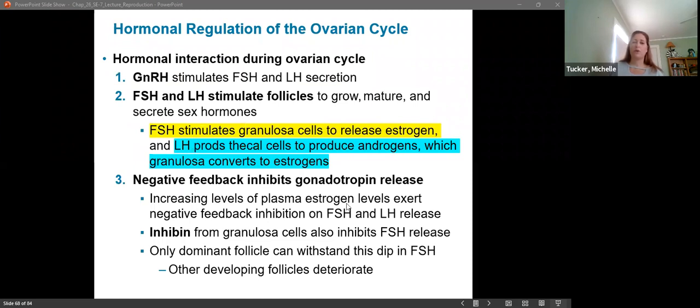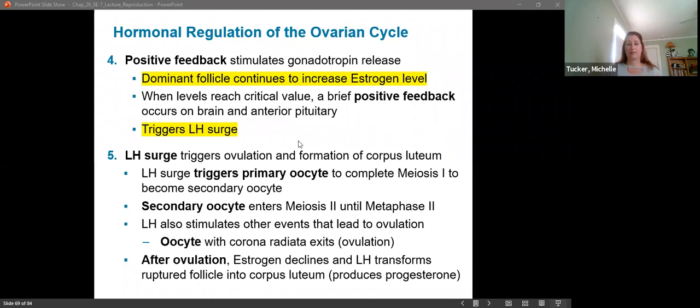So low levels of estrogen inhibit the hypothalamus and the anterior pituitary. High levels of estrogen create positive feedback, triggering the LH surge.